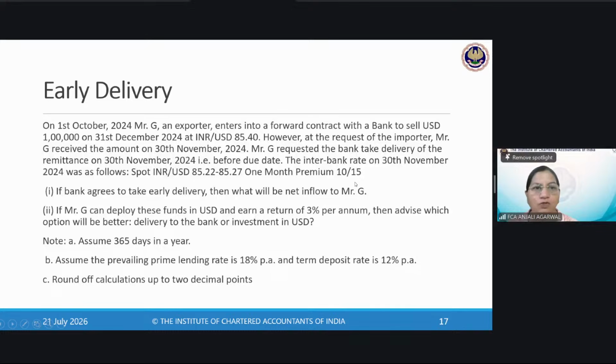So on 1st October 2024, Mr. G is an exporter. He enters into a forward contract with the bank to sell $100,000.